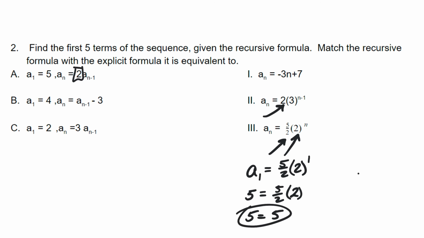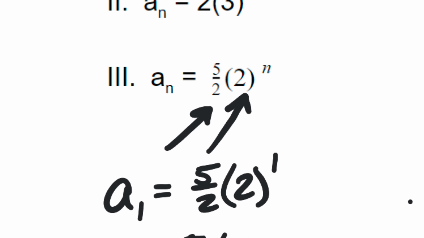Let's talk about this though. Why is it 5/2? That is our correct answer, the letter A matches with pattern 3. Remember, my pattern is doubling. Well, the reason why it's 5/2 is all to do with our exponent. Our exponent is supposed to say n minus 1, but this one does not.